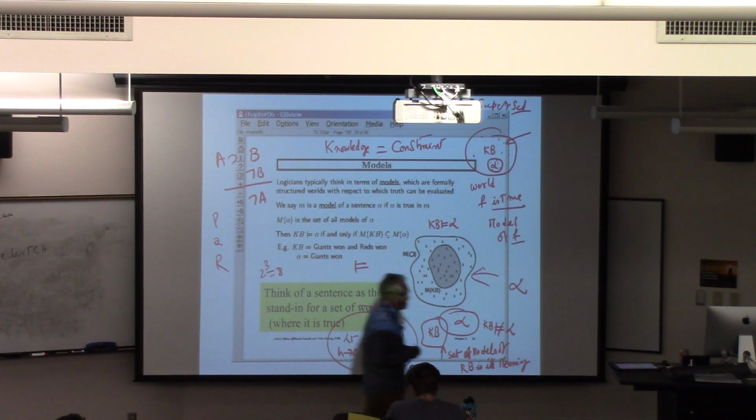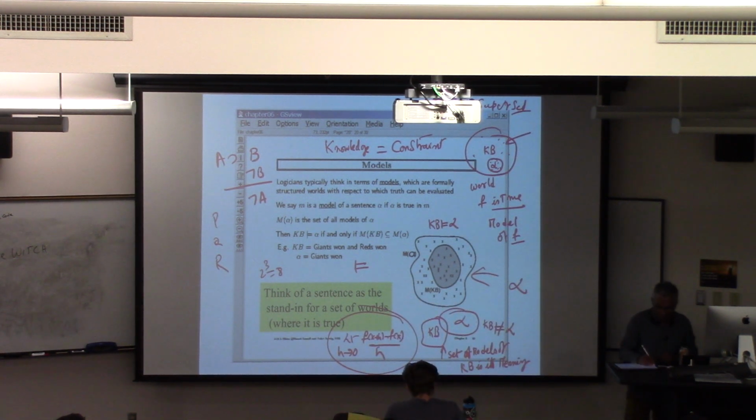This actually has a name. It's called modus tollens. And similarly the other one that you looked at: A implies B is true, A is true, then B is true. This is called modus ponens.